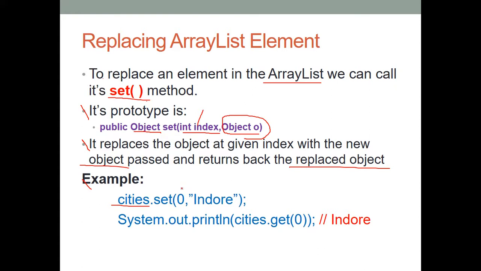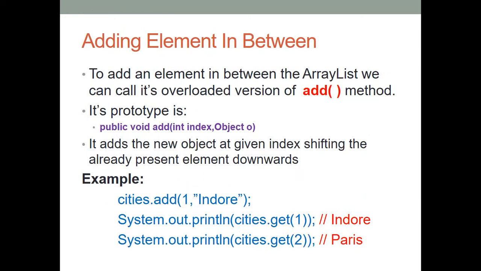It's indexing, so at position 0 you have to replace with Indore. Maybe it has Bhopal, so you can replace Bhopal with Indore. How can you print the data? System.out.println(cities.get(0)). You can pass this and access the data, Indore. I hope it is clear.